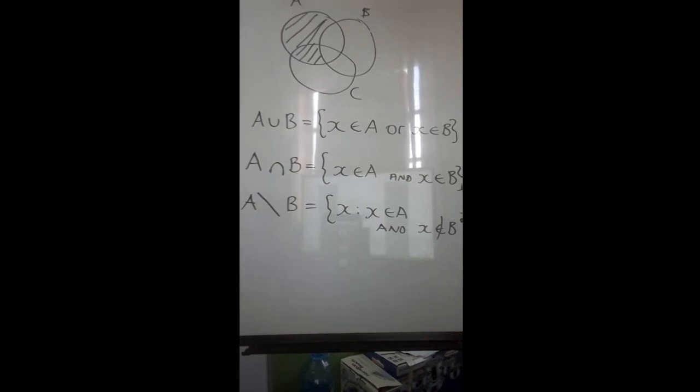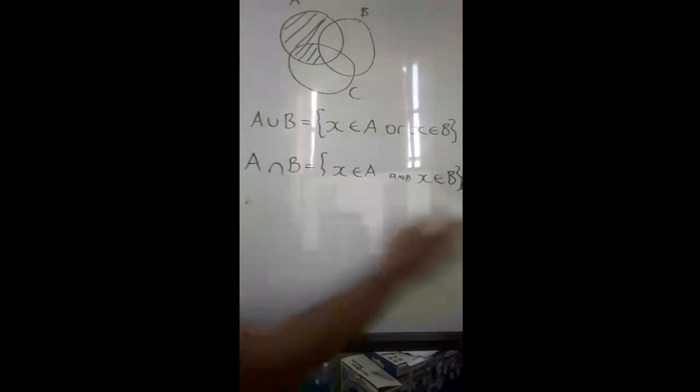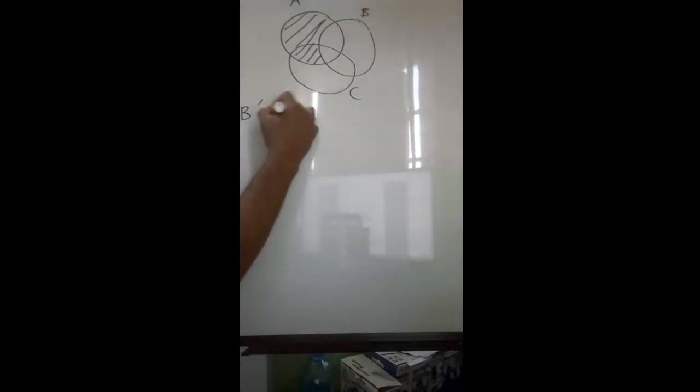All right, next we have just a regular complement. The complement of B is denoted in two ways: by using the B prime or B with a bar. Both of those mean B complement.